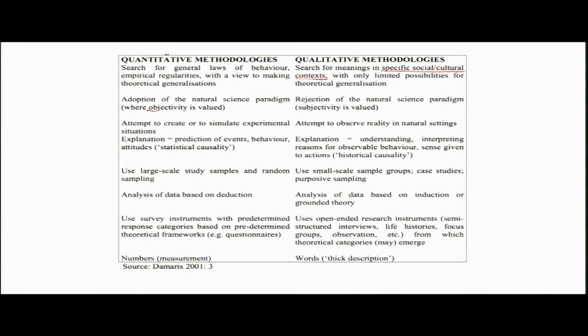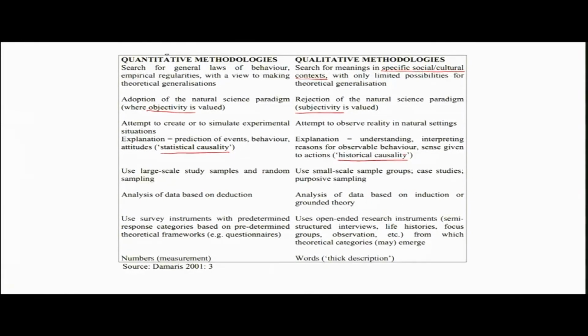For quantitative, as we have seen, objectivity is valued, and for qualitative, subjectivity is sought. For quantitative research, we look for statistical causality, and for qualitative research, we look for an understanding that has a particular historical background, so historical causality.